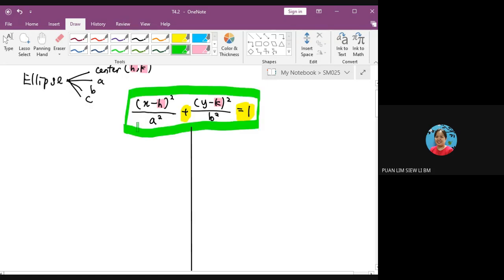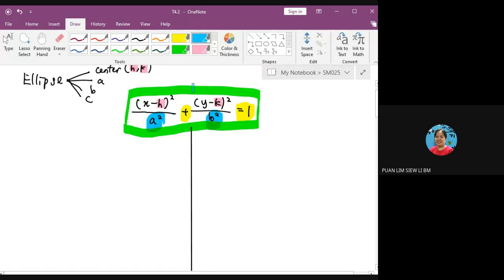Macam mana saya nak tahu ini ellipse tidur ke ellipse yang berdiri punya, yang menegak punya? But how do I know this is a horizontal ellipse or a vertical ellipse? By looking at the value of A and B here.